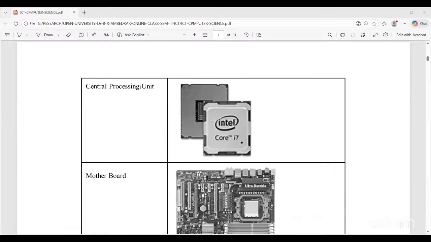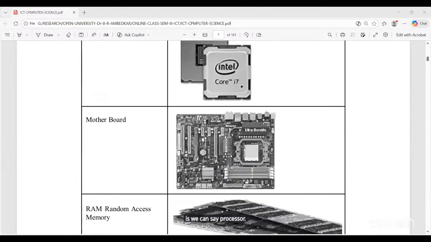Now, central processing unit, this we can say processor, and this is the motherboard. If you open the CPU, then it contains this motherboard. This motherboard contains so many parts you can call. This is one part, this is one part.